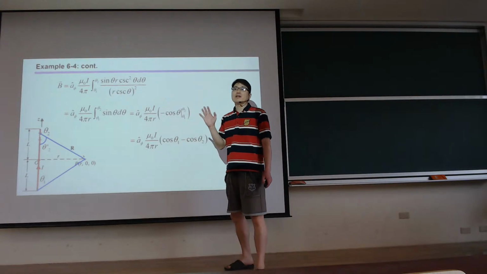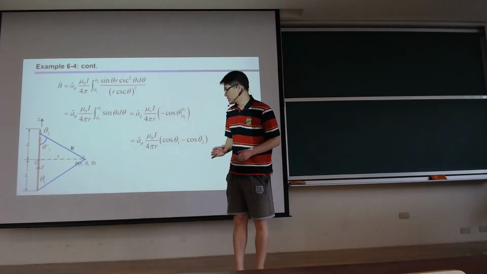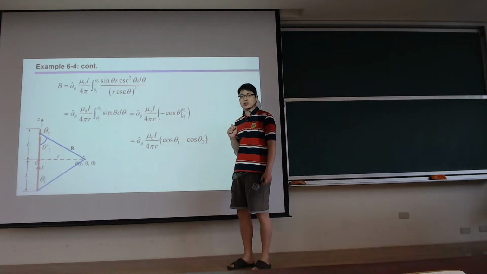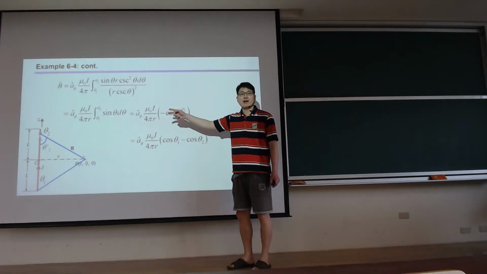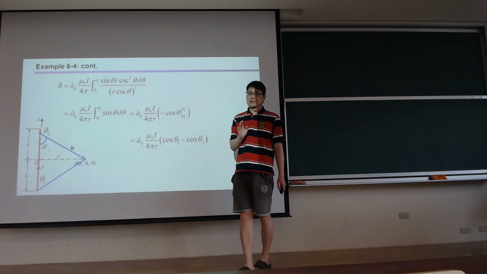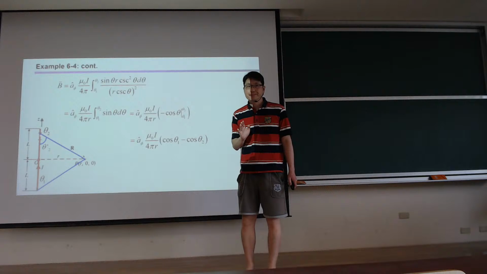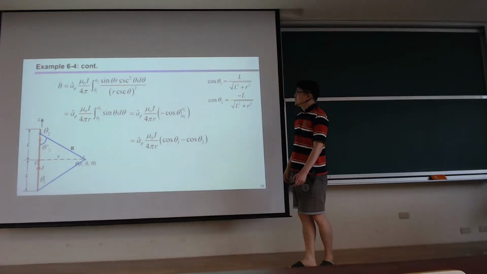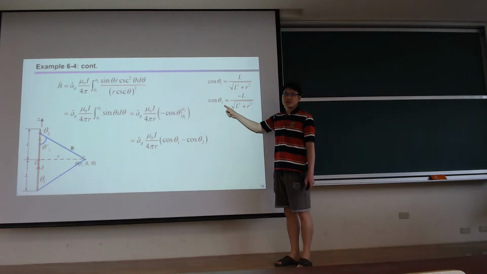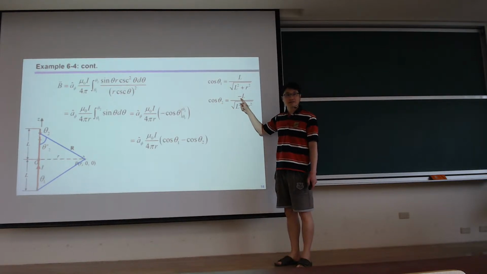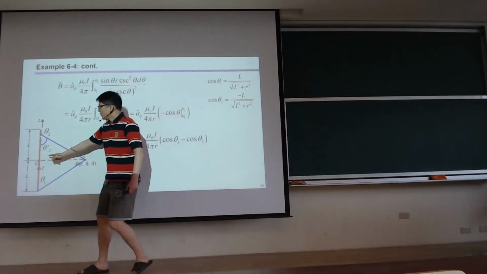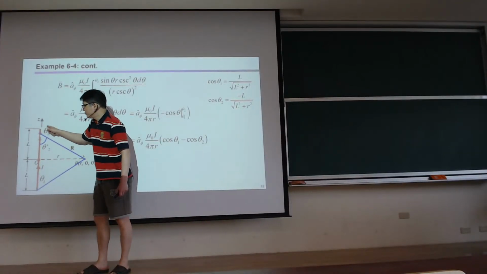So a lot of times students make mistakes. Well, eventually the result is cosine theta 1 minus cosine theta 2. But if you define theta 2 incorrectly, then your results will be wrong. Okay? So what I'm trying to say is the value of cosine theta 2 is actually negative, even though this is cosine theta 2, right?